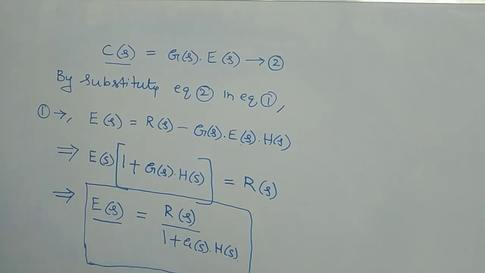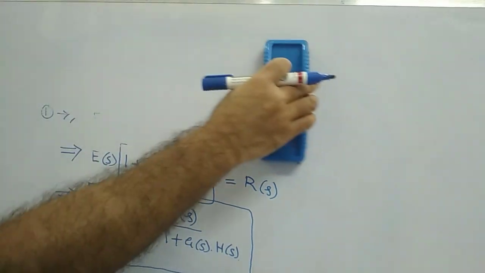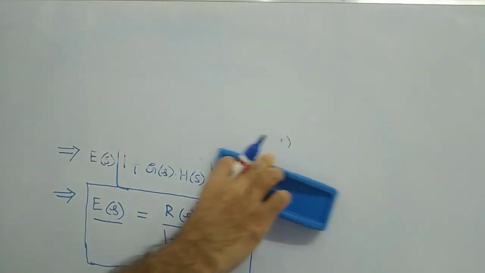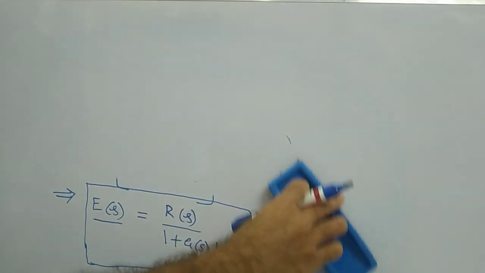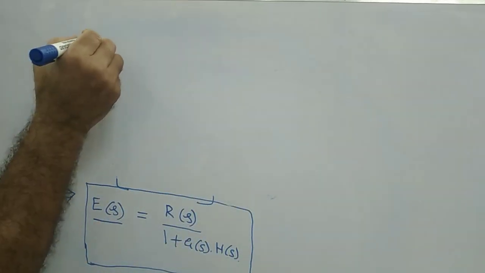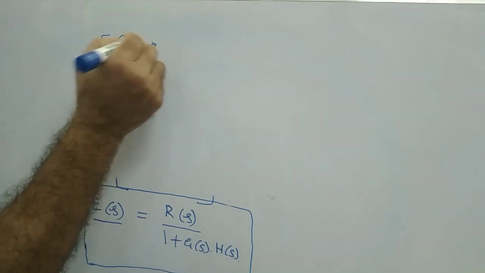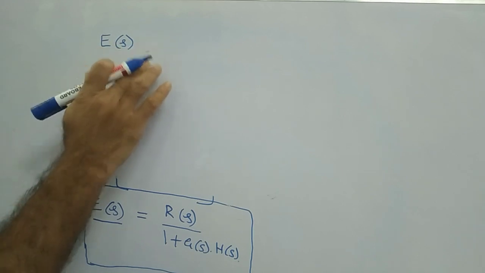So E of s is the Laplace transformation form, and I want E of t.